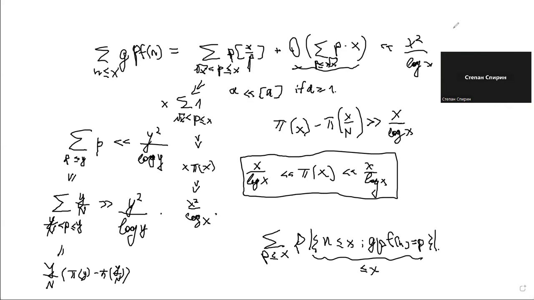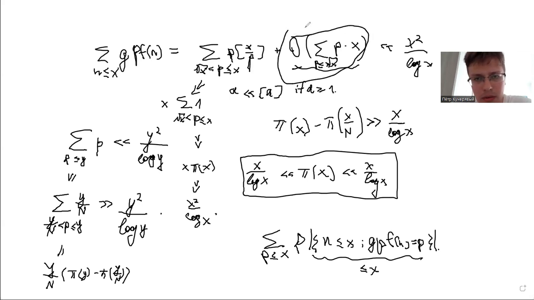So we proved that the first summand is bigger than x squared divided by log x, and we proved that the second summand is less than x squared divided by log x. I said that this summand is positive. It's just such a sum over primes which are less than square root of x, and it is positive. So if we give a lower bound for the first term, we get the lower bound for the whole sum, because this is positive.